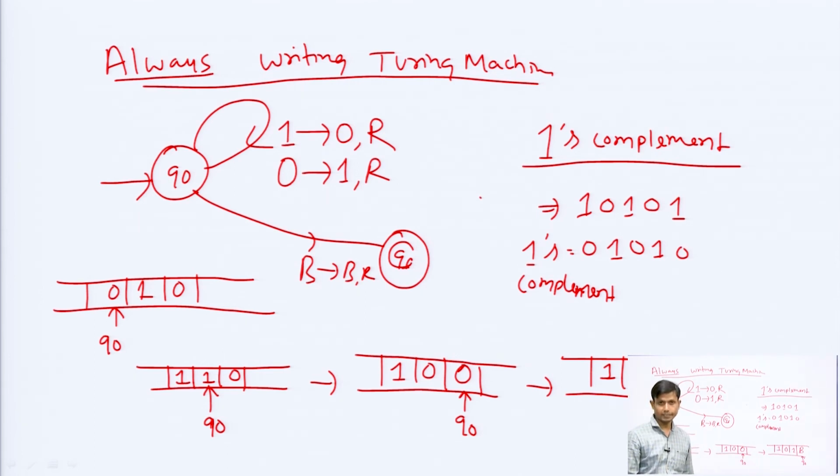Also there is another thing: we have finite automata, and we have deterministic finite automata and non-deterministic finite automata. We have deterministic pushdown automata and also non-deterministic pushdown automata. Similarly, we have deterministic Turing machine and non-deterministic Turing machine. Here some difference is there.